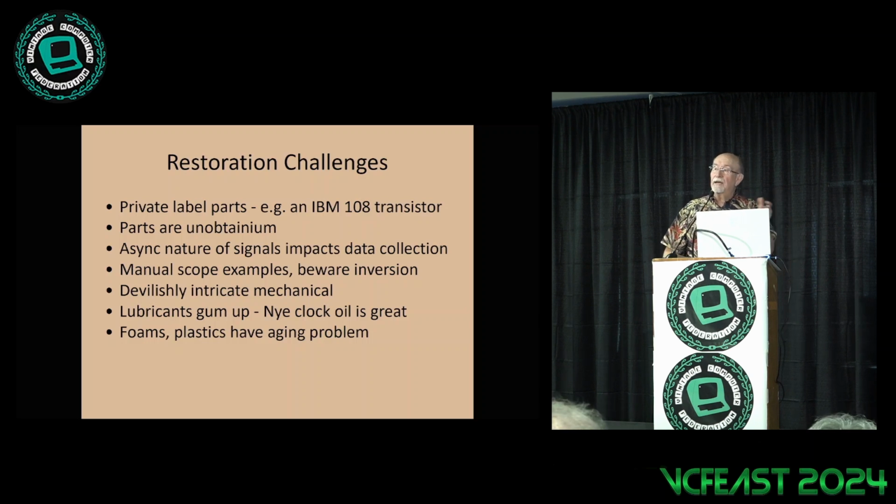Now, one thing that's very helpful with this glue that they call oil and grease is something called Nyclock oil. Mark Verdeel turned me on to this when I was working on something years ago. It's a clock oil that's so light and thin that ordinary clock oil feels heavy by comparison.